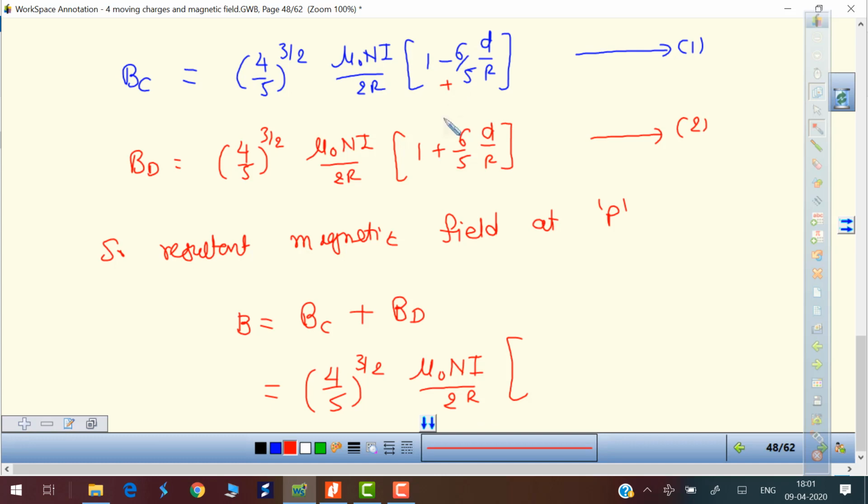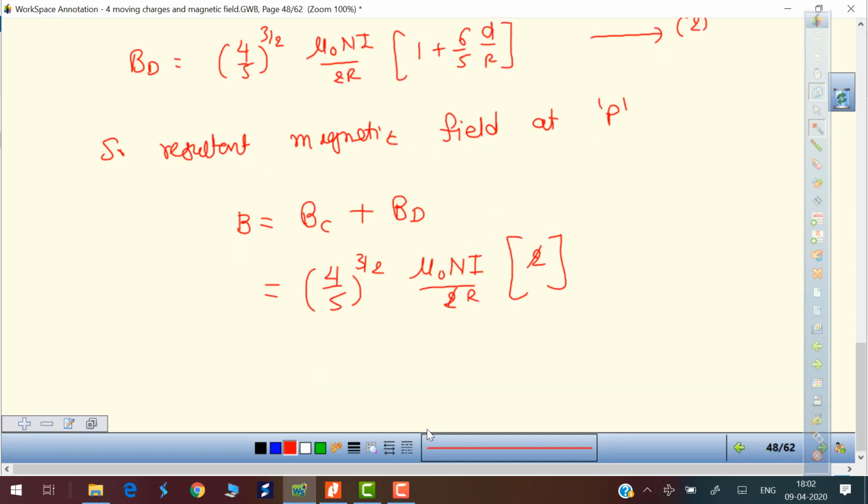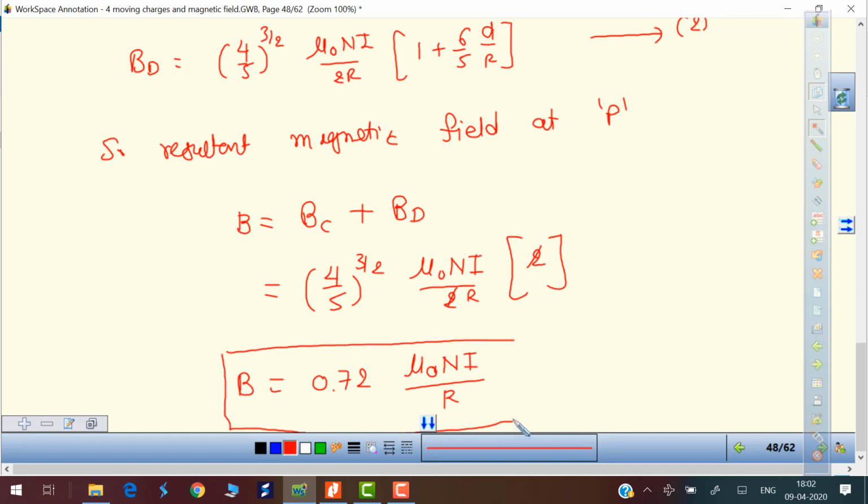So you will get 1 plus 1, so it is 2. Again the 2 will cancel. If you find this value, it comes out 0.72 multiplied by mu 0 n I by R. So this is the magnetic field due to these two coils.